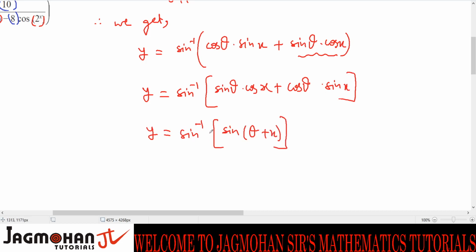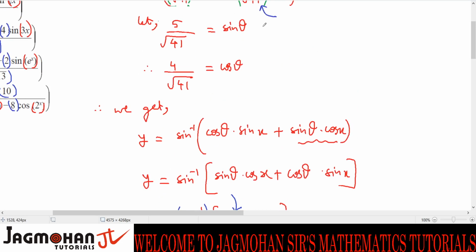Now you know sine inverse of sine of something is equal to that thing. Sine inverse and sine are inverse functions of each other, so they nullify each other's effect. Whatever this does, this will undo it. So sine inverse of sine of (theta plus x) will be simply theta plus x. And what was theta?